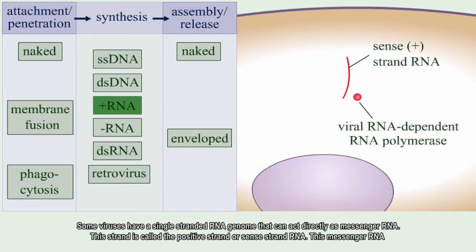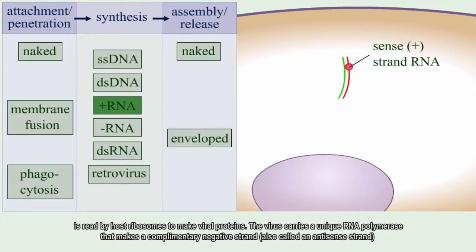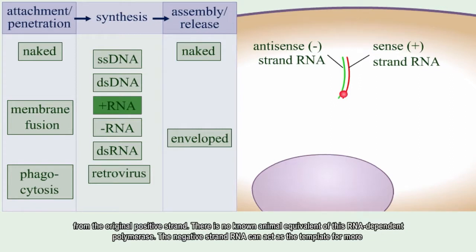Some viruses have a single-stranded RNA genome that can act directly as messenger RNA. This strand is called the positive strand or sense strand RNA. This messenger RNA is read by host ribosomes to make viral proteins. The virus carries a unique RNA polymerase that makes a complementary negative strand, also called an antisense strand, from the original positive strand.